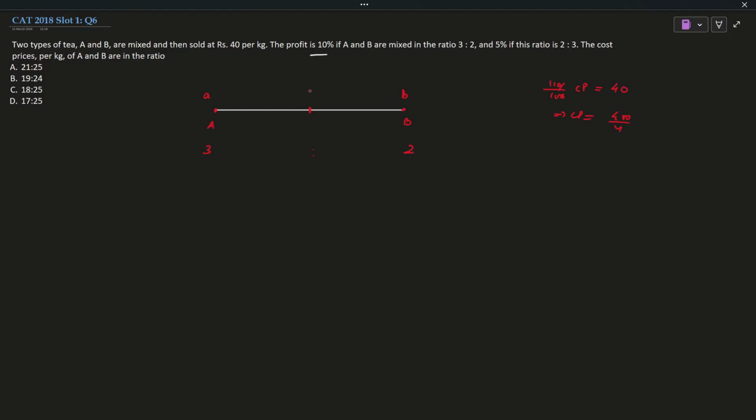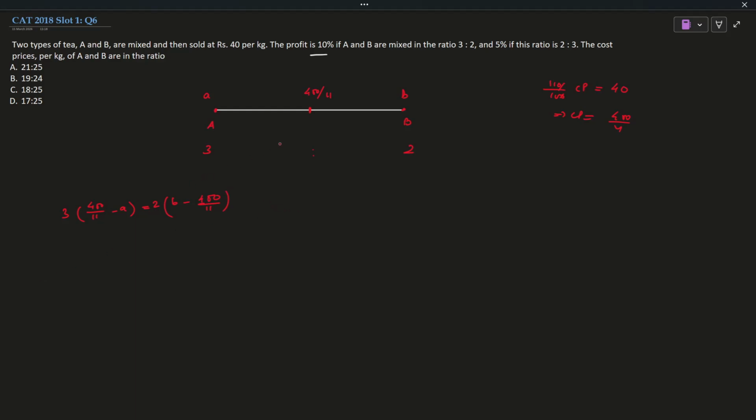So this is 400 by 11. From here I can say 400 by 11 minus A into 3 is equal to B minus 400 by 11 into 2.